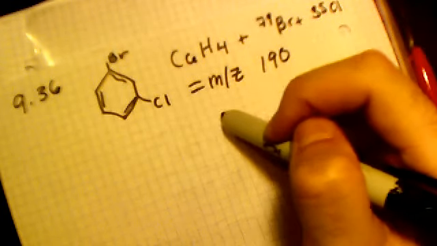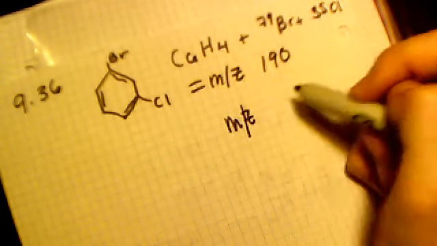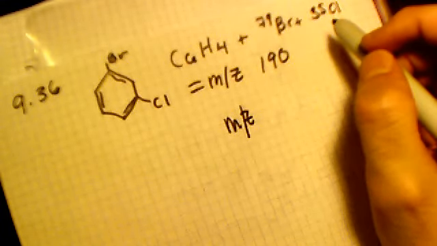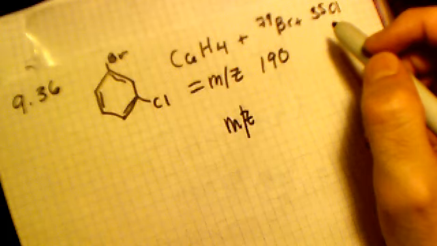So now they say, what is the M to Z when you have bromine 79 and chlorine 37?